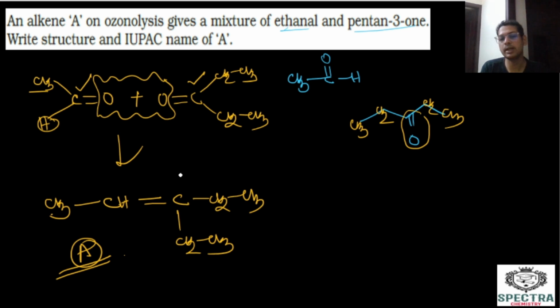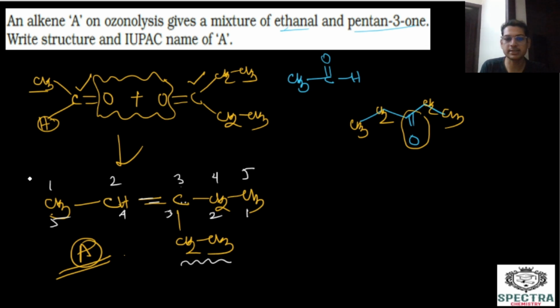Now, sir, how to name them? So you see, if you go by this way, 1, 2, 3, 4, 5, you are getting your double bond at carbon number 2, and at 3 position you are getting your substituent. But if you go by this way, 1, 2, 3, 4, 5, at 3 position you are getting your double bond.